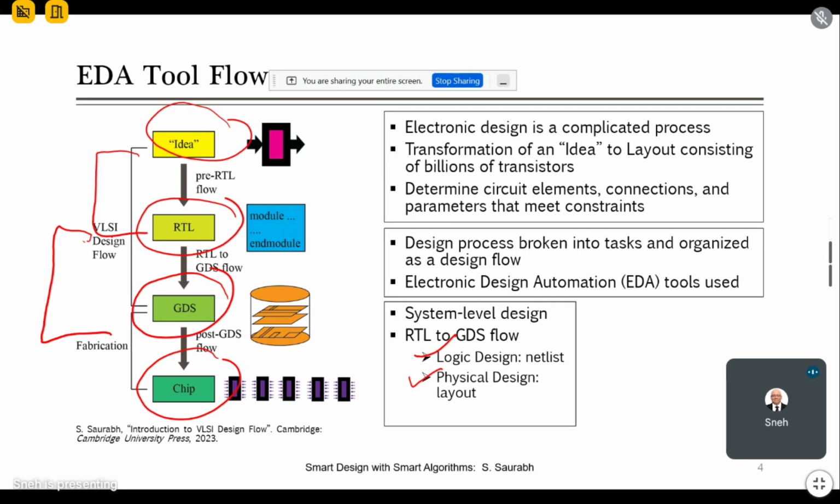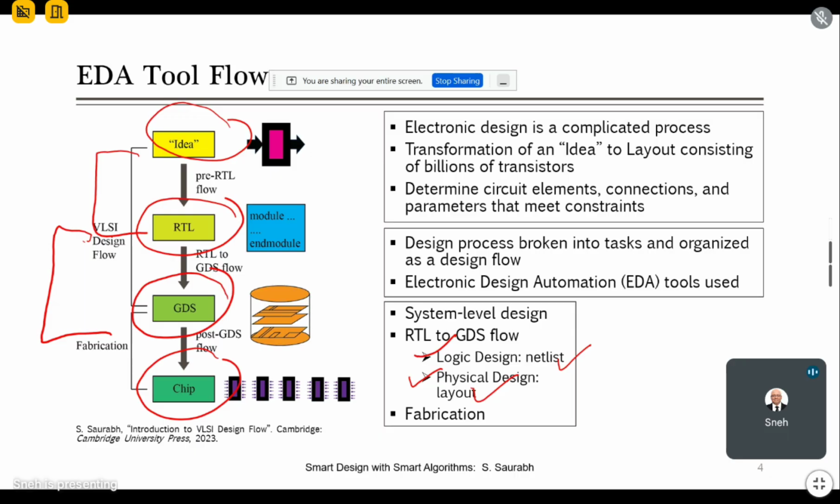So now, given a behavior description, we take it through the various tools, and finally we get a netlist. That is what the logic design process is. And then from that netlist we get a layout, right? From that netlist we get a layout, and that is the physical design, right?